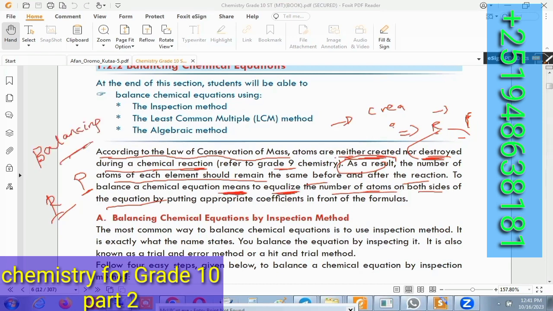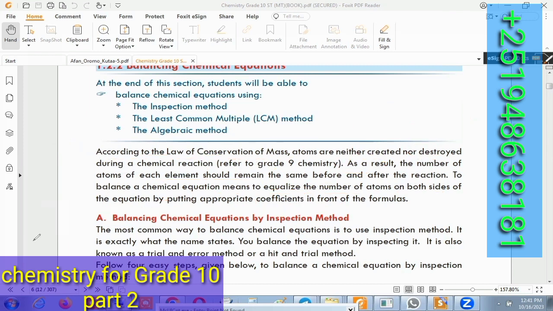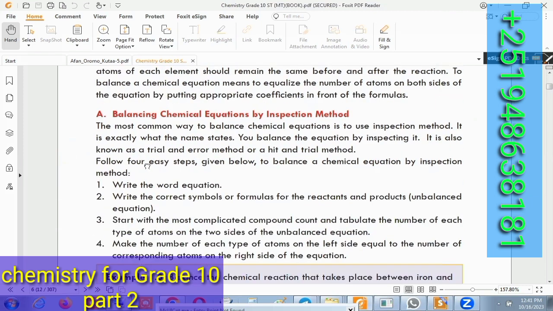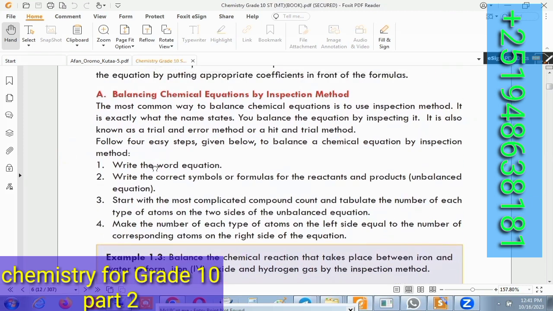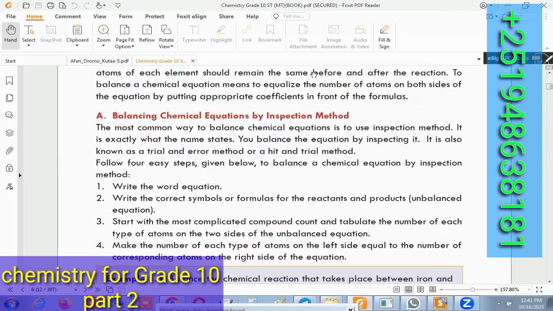It is a process of giving appropriate numbers on both the reactant and the product sides so as to have an equal number of each atom. To do this we have to use only a coefficient, the number in front. You remember from your lower classes the meaning of coefficient and subscript.